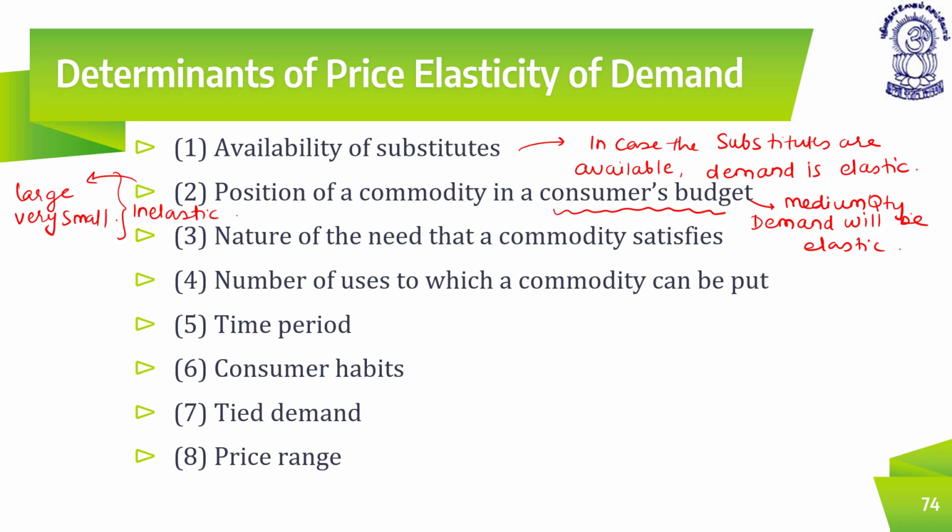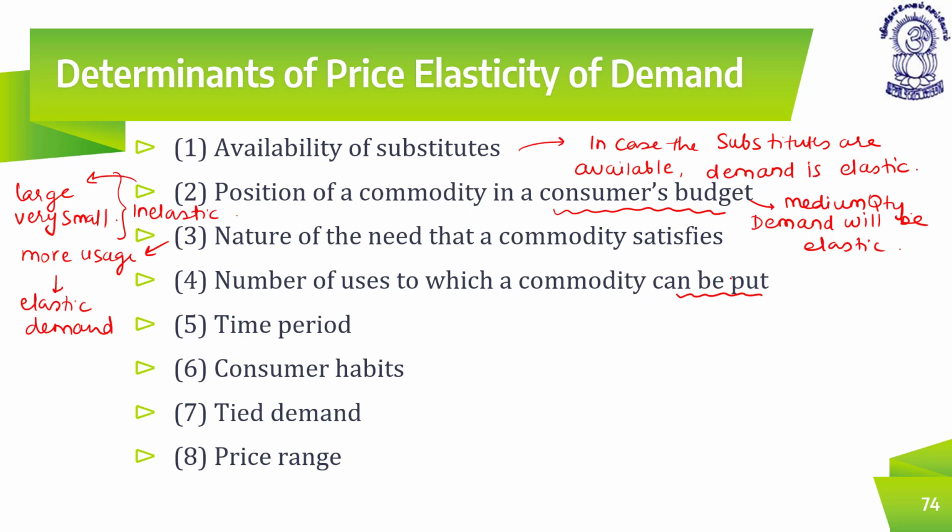Third, nature of the needs that the commodity satisfies. In case of necessities, inelastic demand. Fourth, number of uses to which a commodity can be put.